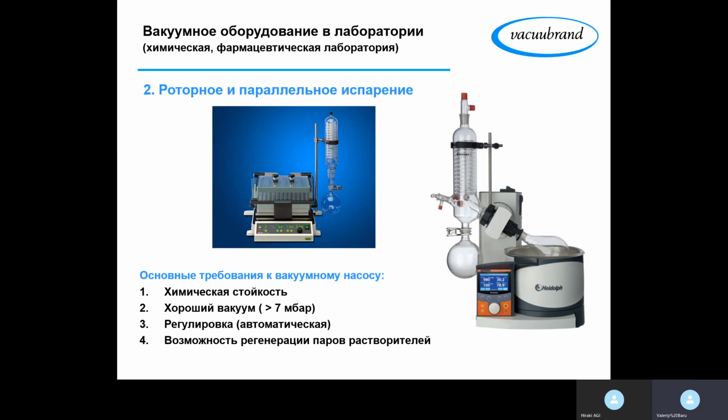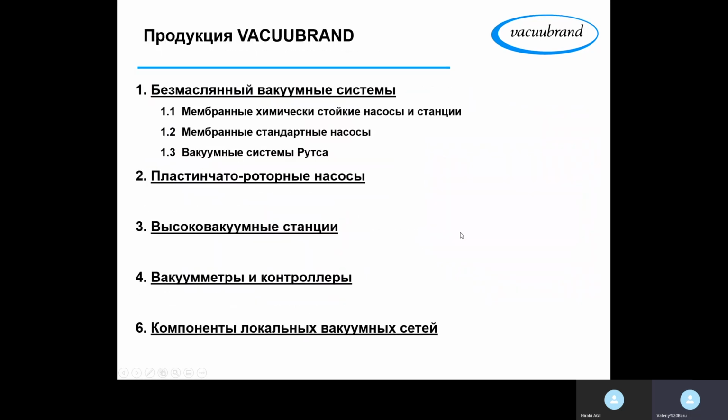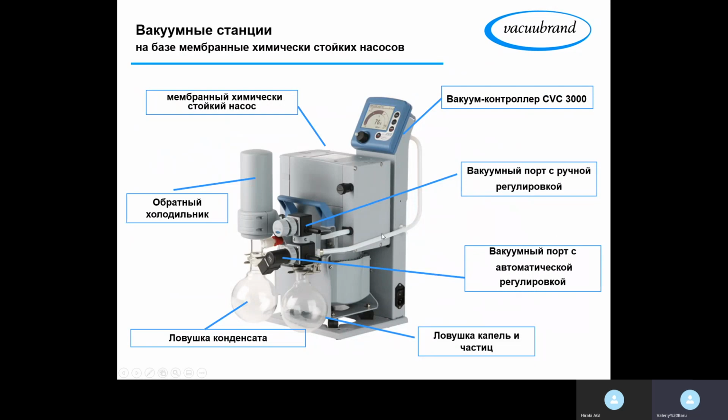Well, first of all, the customer maybe chose the wrong chiller, or maybe they have a very high temperature of the cooling liquid in their central cooling system, or maybe we applied too high vacuum, or maybe we heated up the evaporating flask too high, and so on and so forth. So there will always be a certain amount of vapors that will go from the application into the vacuum chamber.